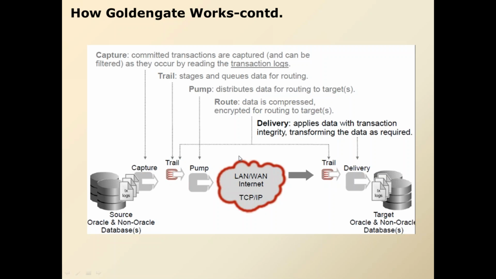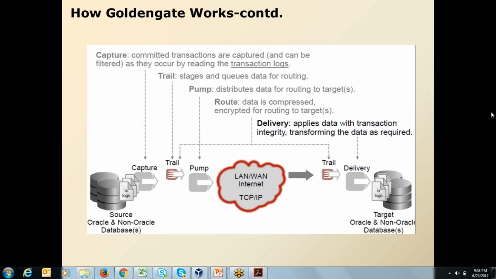As soon as data is available in the local trail, the Goldengate data pump process reads the data out of the local trail, sends it over the TCP/IP network and writes it to remote trail. Once the data becomes available in the remote trail, the Goldengate delivery process applies it to the target database.